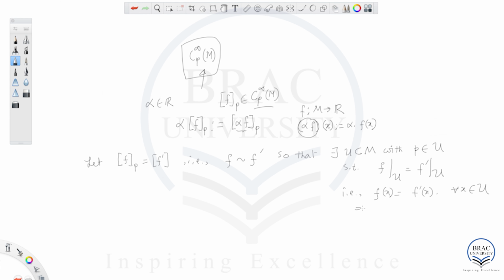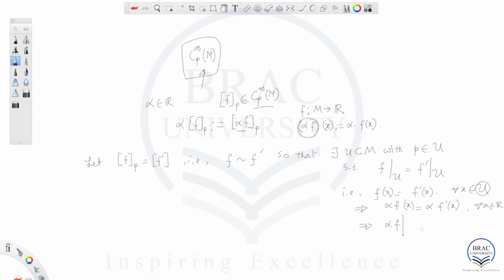Okay. Now this implies that alpha f of x, just multiplying both sides with this real number alpha, is equal to alpha times f prime of x for all alpha belonging to the set of real numbers, right? Which means that we have been able to find an open set on which these two functions agree with each other, right?